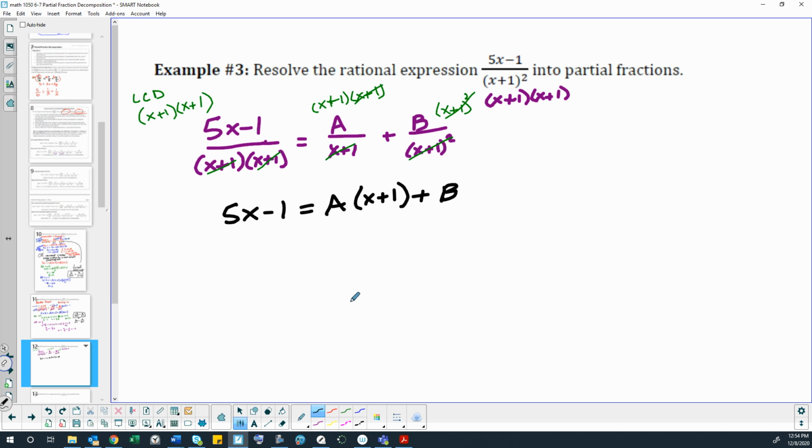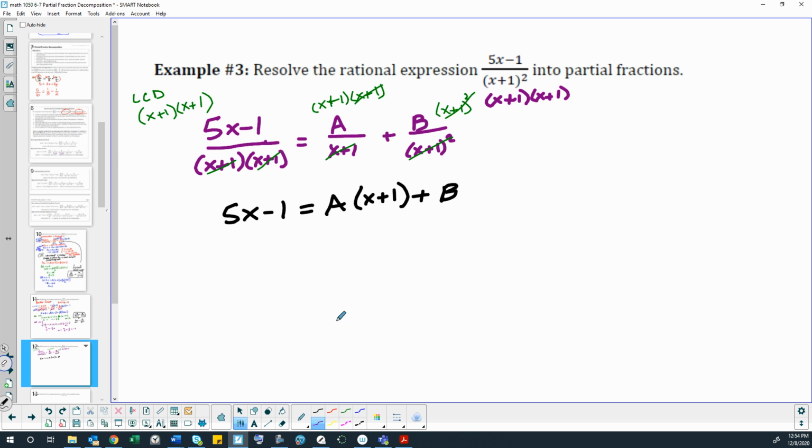Can we use a convenient x method on this? I guess we can to find B, but to find A it'll be a little trickier because there's no x value here to turn that into a 0. So we might want to use the other method, or we can actually use a combination of methods if you want. Let's do that.